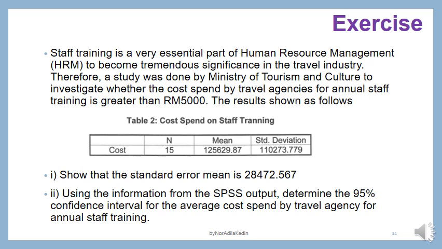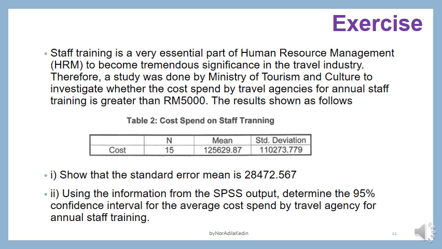Same goes to this other question. Okay, for this one, staff training is a very essential part of human resource management and is of tremendous significance in the travel industry. Therefore, a study was done by the Minister of Tourism and Culture to investigate whether the cost spent by travel agencies for annual staff training is greater than 5,000.